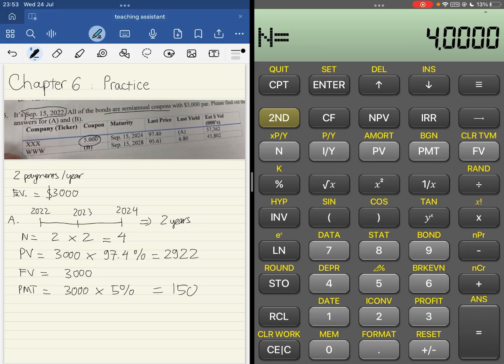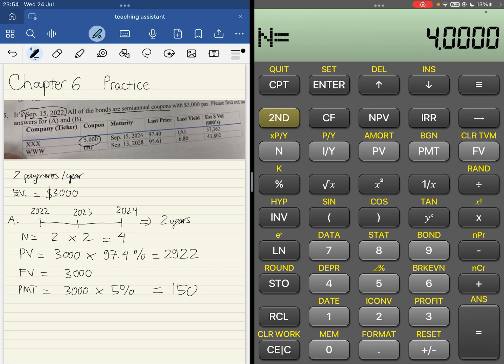Now, let's apply the inputs on the BA calculator. First, the N is 4, so we press 4 N. Present value is 2,922, but as I have shown you in the previous video, the present value on the calculator will always be shown with a negative sign.